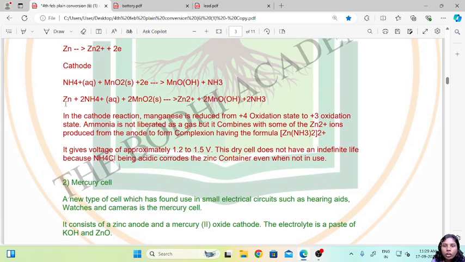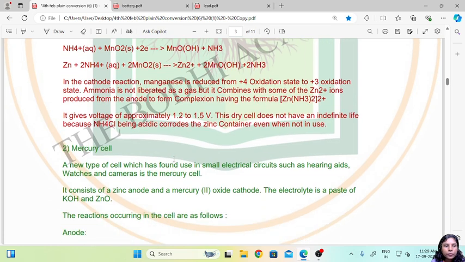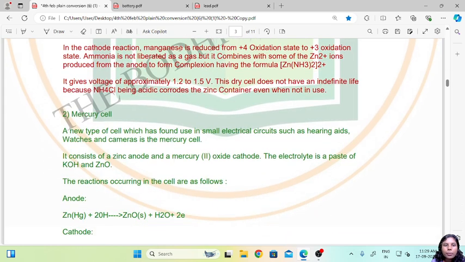Then the overall reaction is zinc, plus ammonium ion, plus manganese dioxide, which gives us Zn2+, manganese hydroxide and NH3. In the cathode reaction, manganese is reduced from +4 oxidation state to +3 oxidation state.